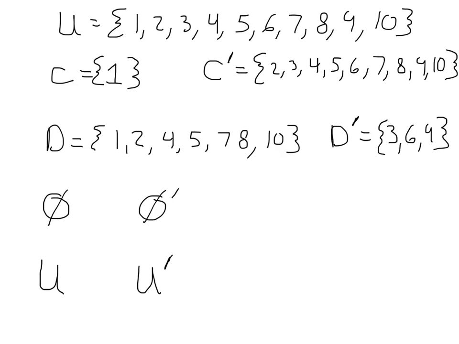Now if you think about it, the empty set has no elements. So what we have to put in the complement is all the elements in our universe that aren't in the empty set. That turns out to be all of the elements in our universe.